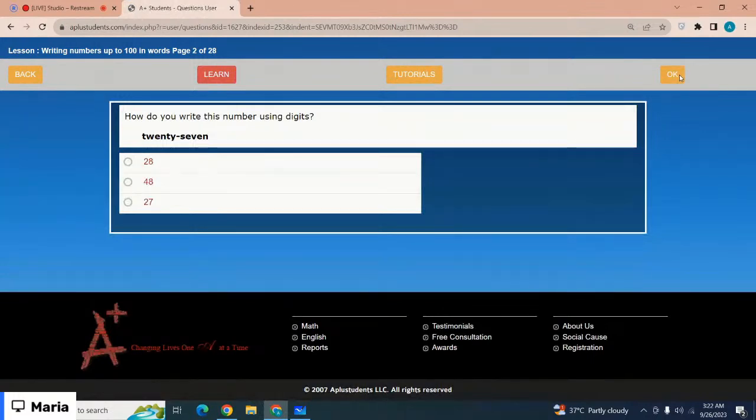How do you write the number using digits? 27. Which is the correct option?